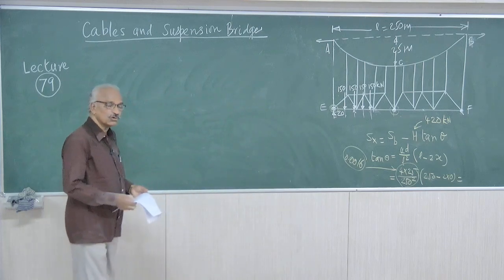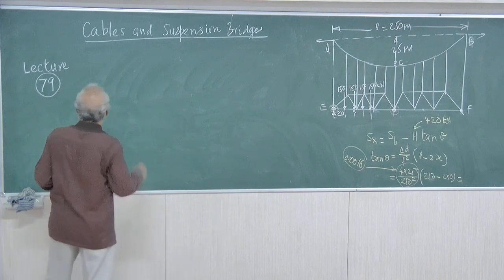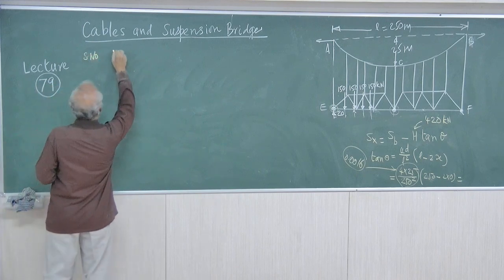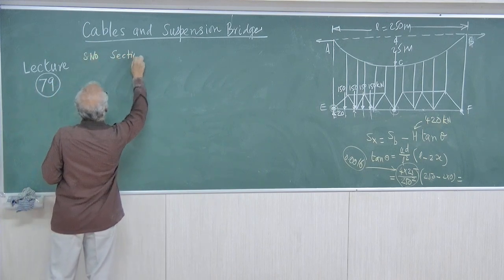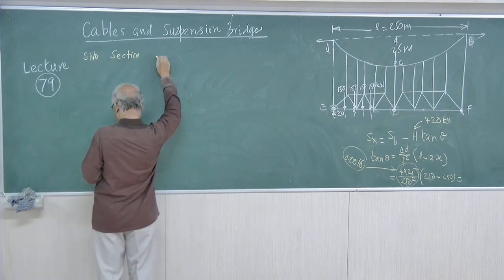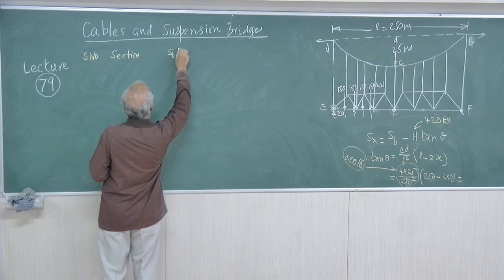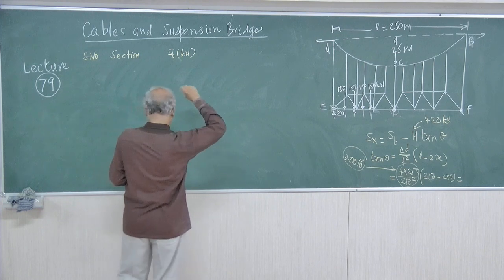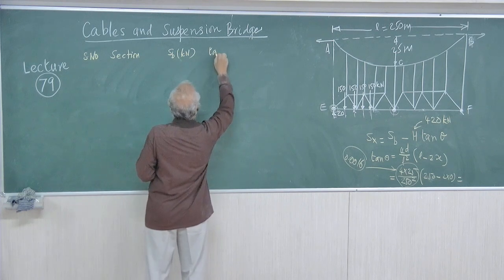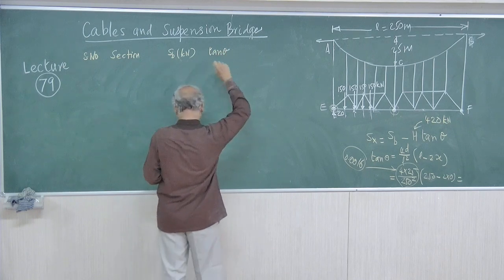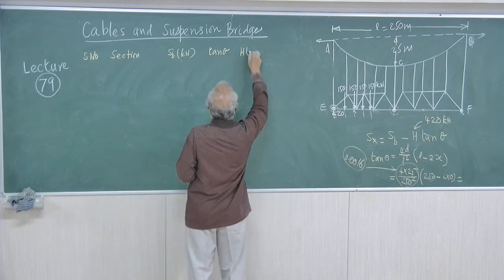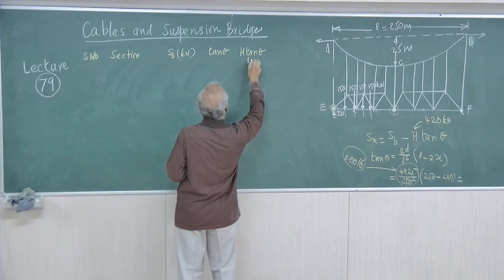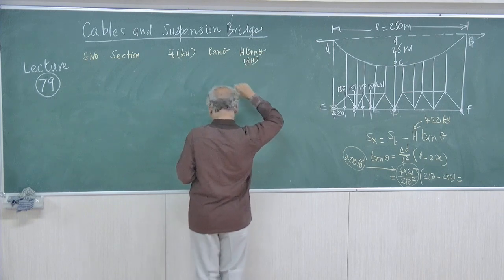Now here also you go for the tabulation: serial number, section, beam shear SB in kilonewton, then tan theta, and H tan theta, that is H into tan theta, in kilonewton.